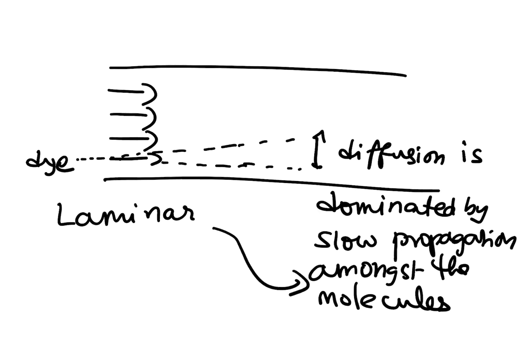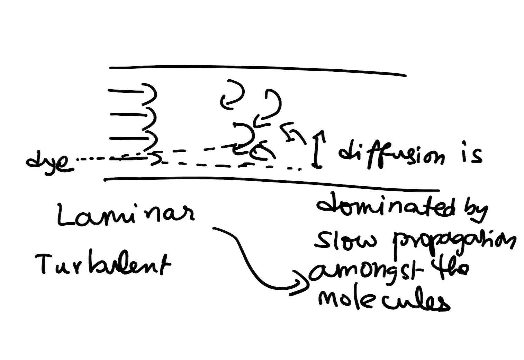If, on the other hand, the same dye is injected in a turbulent flow, you have rapid mixing, with fluid layers being swirled around in all directions.